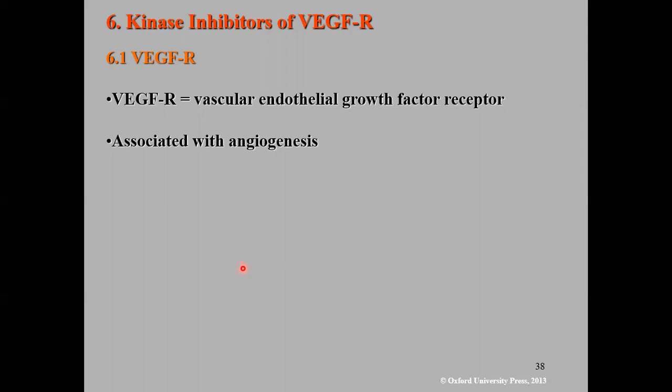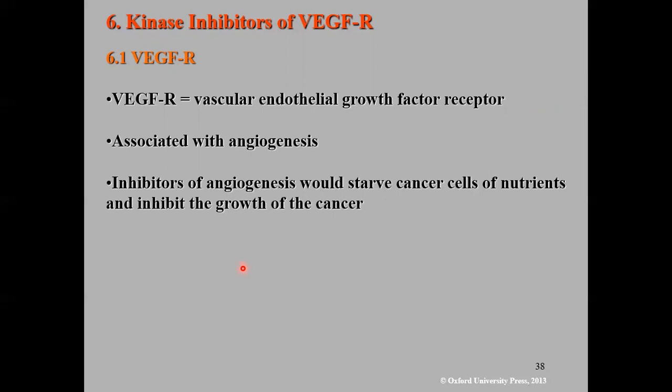It's associated with angiogenesis. And if you want to know what angiogenesis means, you should go back and read the introduction. Inhibitors of angiogenesis would starve cancer cells of nutrients and inhibit the growth of the cancer. And that is obvious, I think, right?